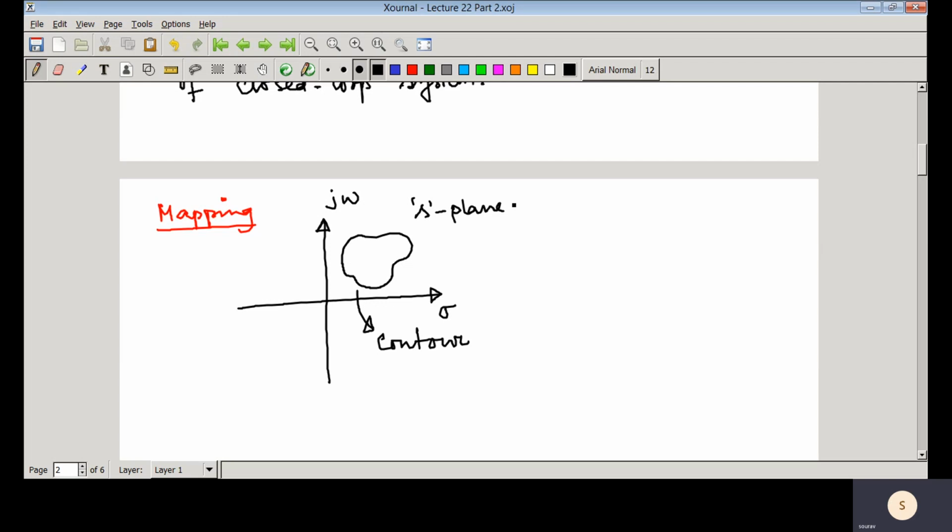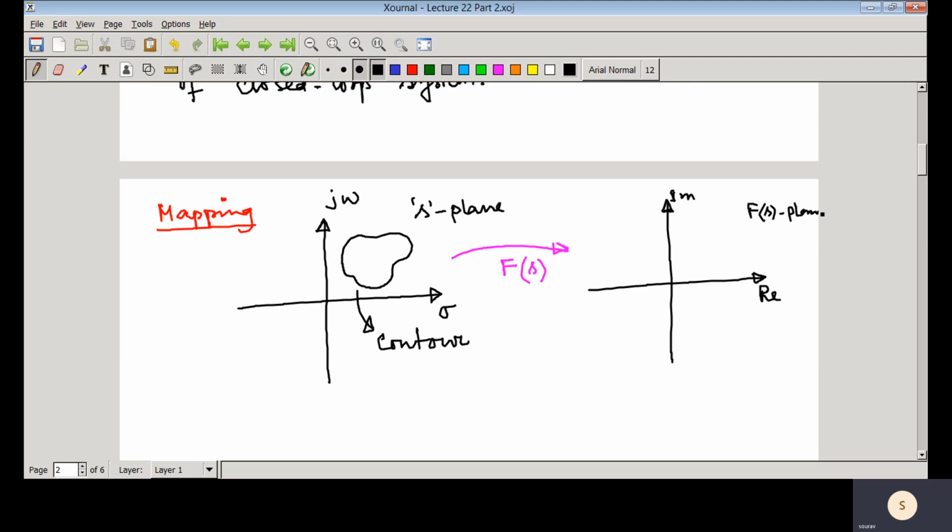The interesting point is, if we map this contour via a function F(s), a single valued function, to another plane, that plane is the F(s) plane, where we take the real and imaginary parts of F(s).